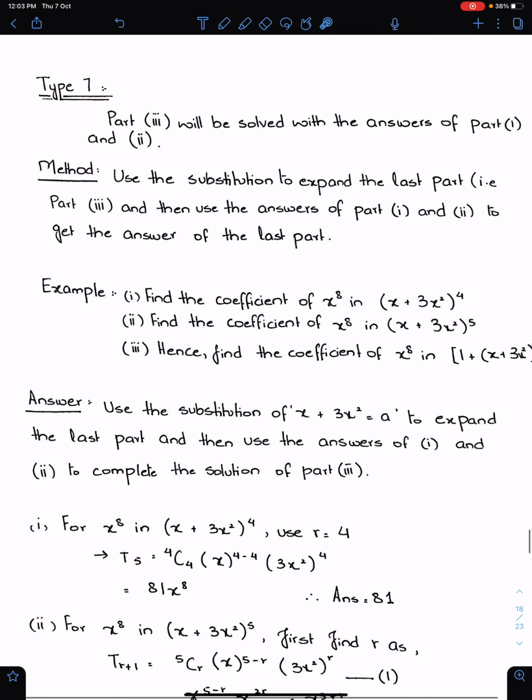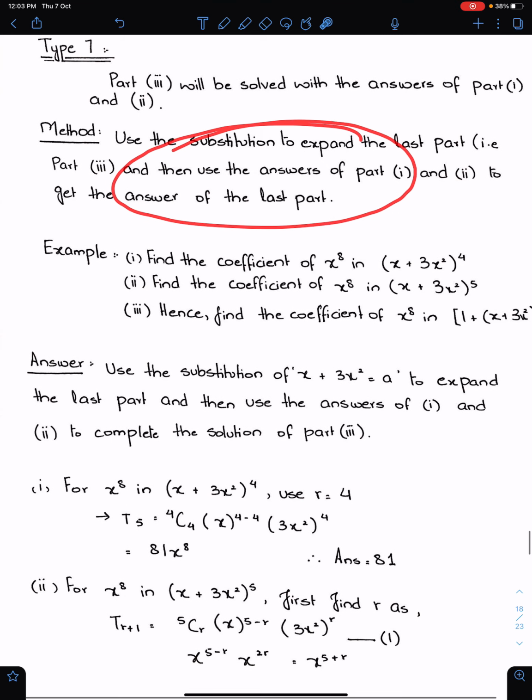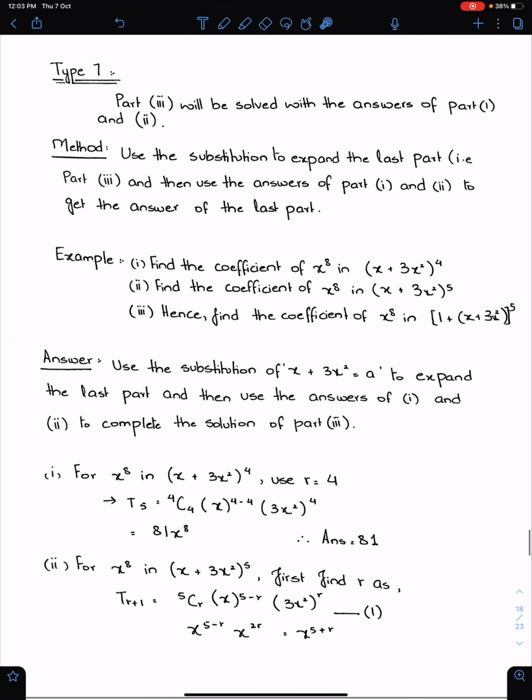Now, this explanation, this method. See, if you observe the last part, you will see that this second term is exactly the same as this expansion. I mean both the terms of this expansion or this expansion.